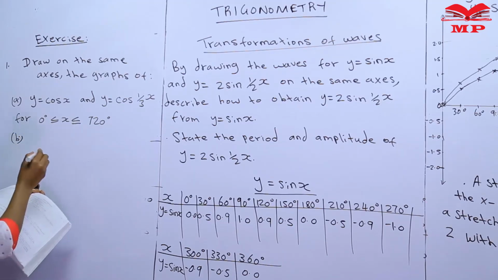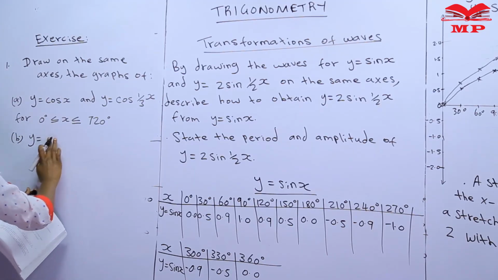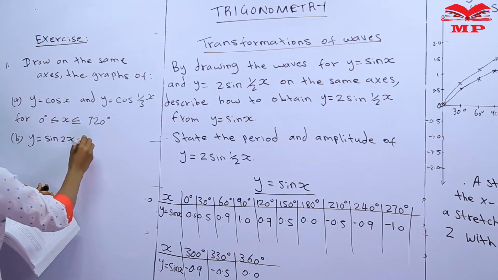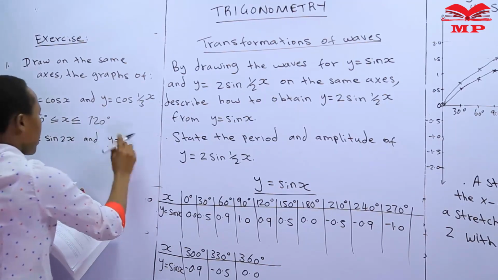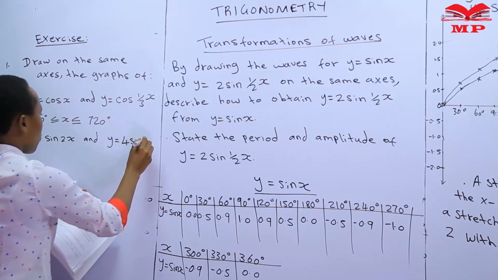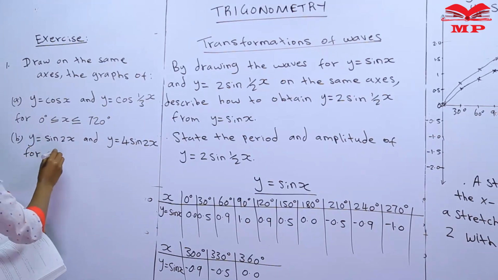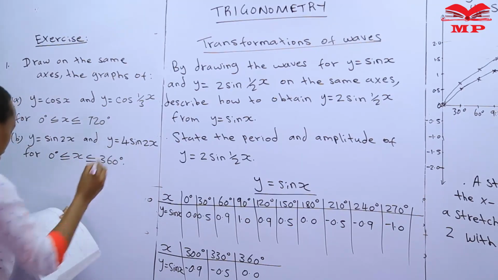Then part B, we have y is equal to sine 2x and y is equal to 4 sine 2x, and the range here is from 0 degrees to 360 degrees.